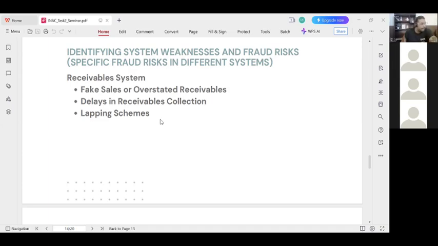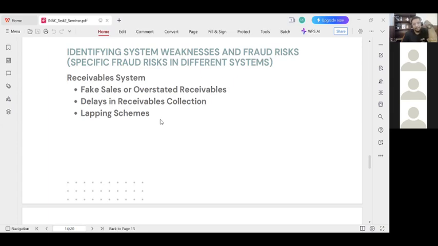And then we have lapping schemes. Lapping is when a clerk steals a payment, then covers it up with another payment meant for a different customer. So you have to make a payment to A, and instead of paying A, that individual takes that payment from your staff.